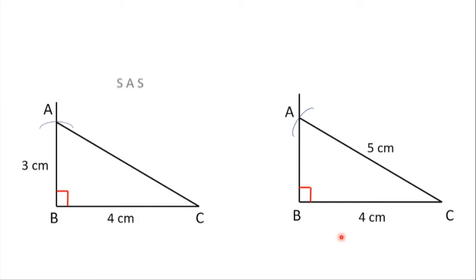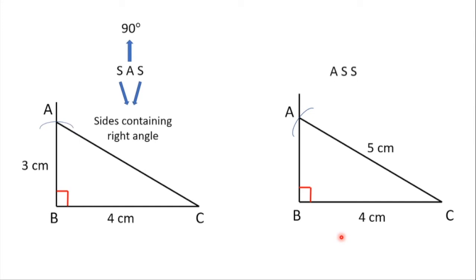Now this is called SAS. Here, no doubt, angle A is 90 and the two sides are the sides containing the right angle, whereas here an angle and any other two sides are given.